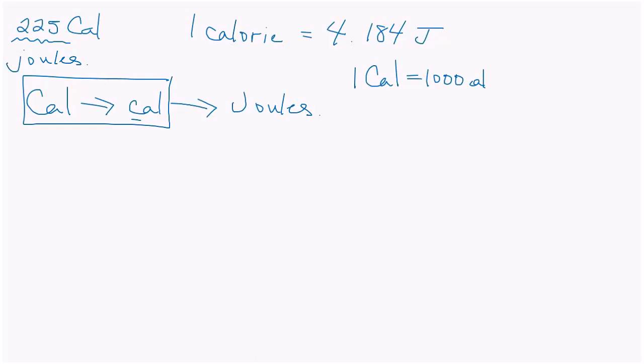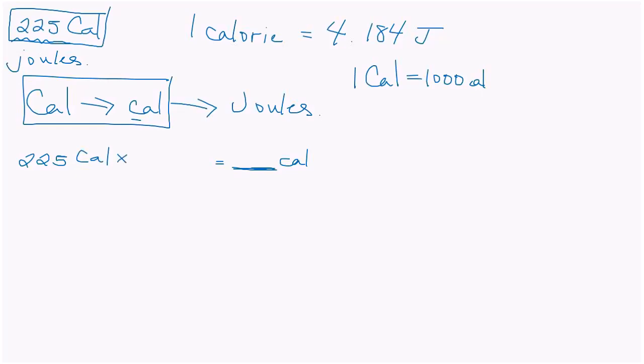That's going to be my conversion factor, and I'm going to put it into a fraction. But I always start out with what I'm given, and I was given 225 big calories. I like to call them big calories because that helps me to keep it correct in my head. So 225 big calories that I want to convert to little calories. This is my unknown that I'm trying to find out.